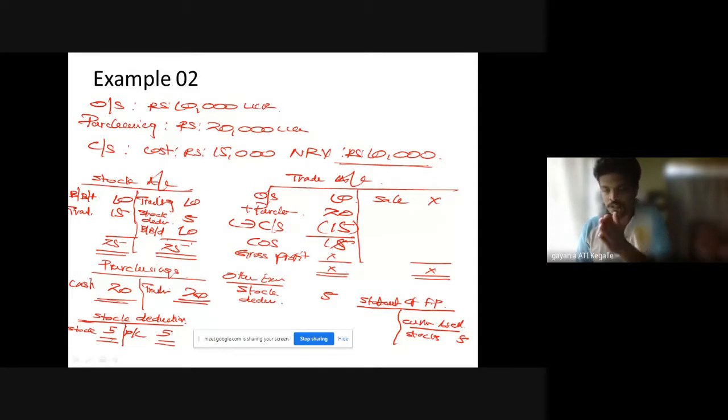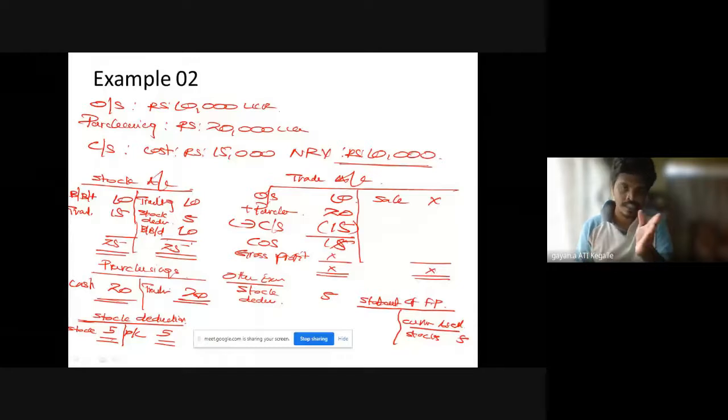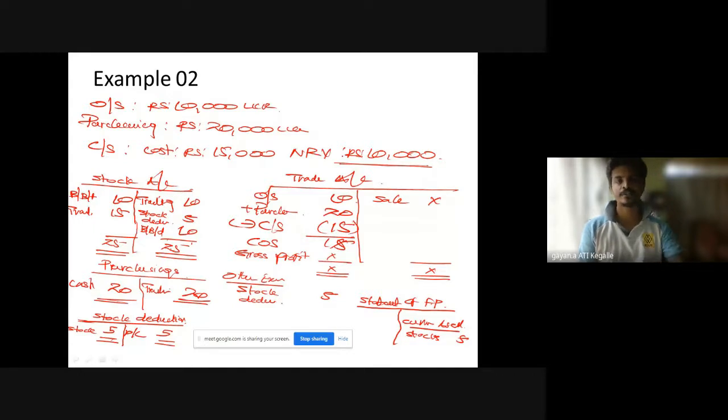Then we can put the lowest amount of the cost and the net realizable value under the current assets in the statement of financial position. The difference between those two can be mentioned under the other expenses. That is what we need to do here.